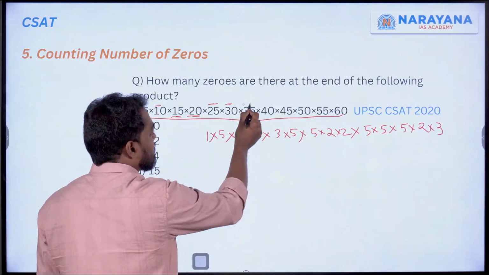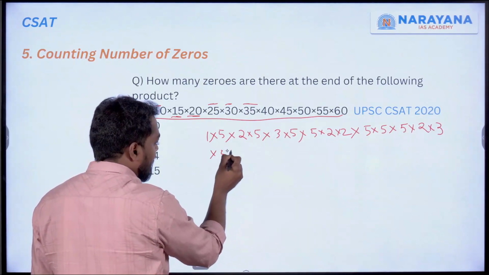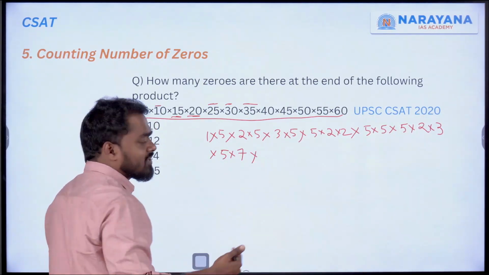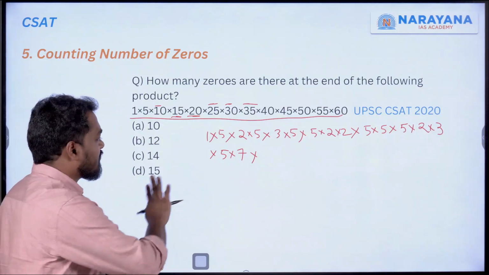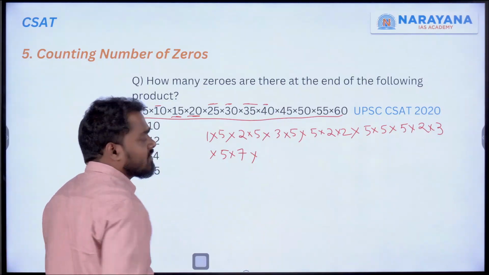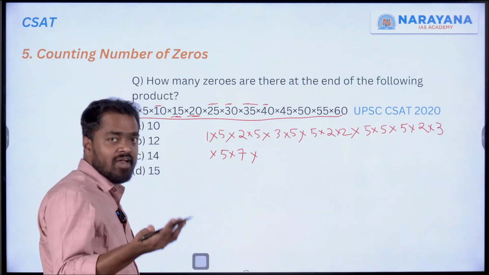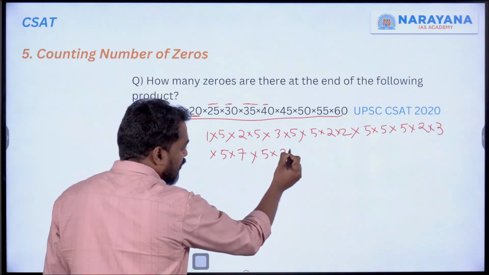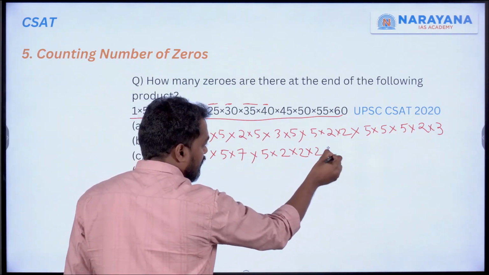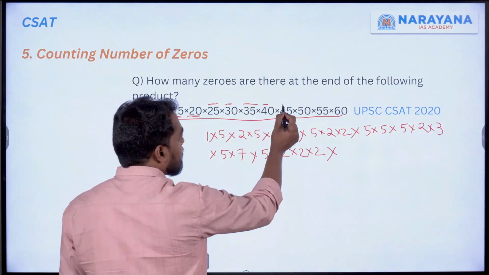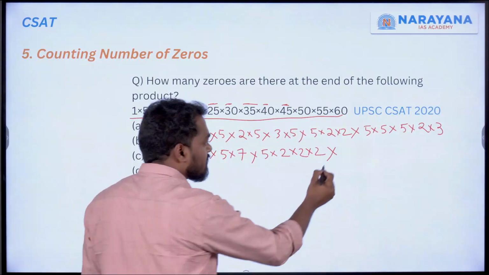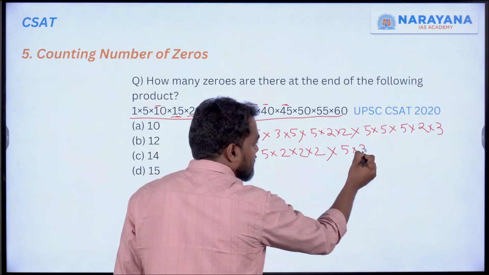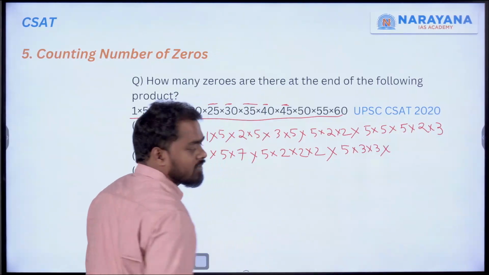What is the next one? 35. That is nothing but 5 into 7. 7 cannot be written in terms of 2 or 5. Next, 40 is 5 eights, and 8 is 2 cube. So 5 into 2 into 2 into 2. Similarly, what is 45? 5 nines, and 9 can be written as 3 into 3.